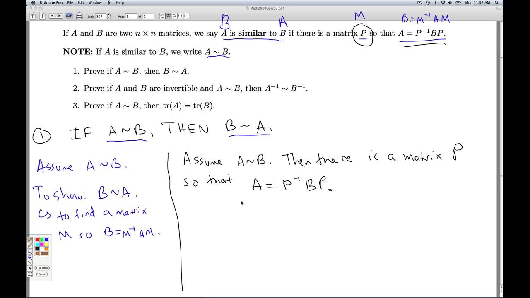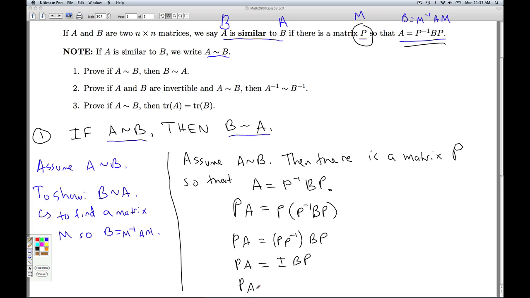I'm going to multiply both sides on the left by the matrix P. Now I can use associativity of matrix multiplication. P times P inverse is the identity, and the identity times anything is that thing.